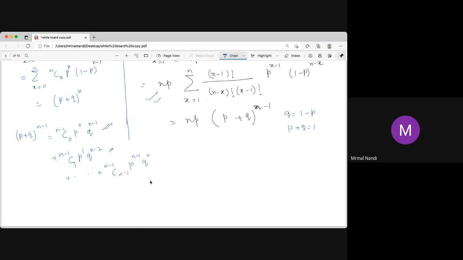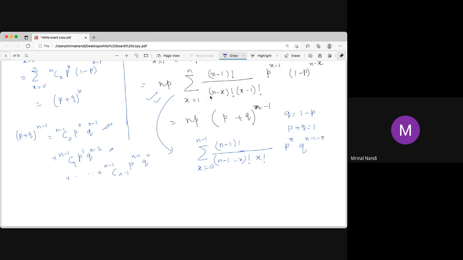So it is exactly a different form. This is actually the sum from x equal to 0 to n minus 1 of n minus 1 factorial by (n minus 1 minus x) factorial and x factorial, p to the power x and q to the power n minus 1 minus x. Exactly these two are the same.